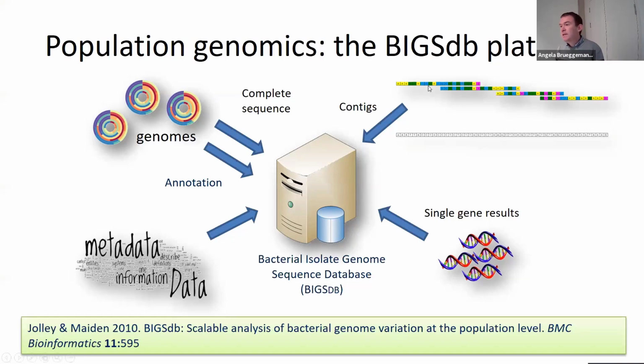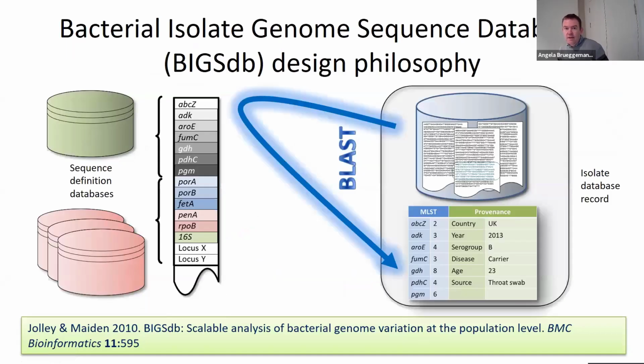It could be the result of, say, an Illumina sequence assembly, where you've got a draft genome present in multiple contigs, or it can be a complete genome, a complete single piece of DNA. As far as the system is concerned, it doesn't care. DNA is just DNA, and it's just looking within the sequence to find the regions that you're interested in.